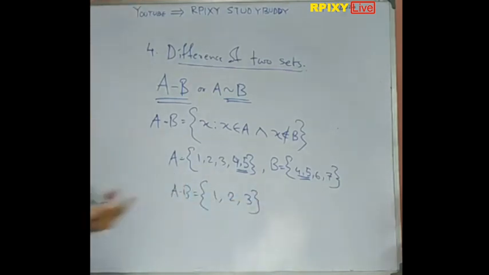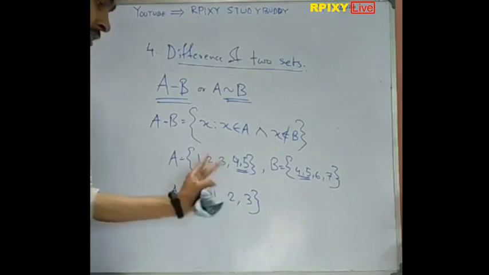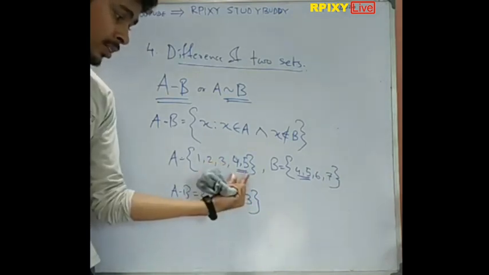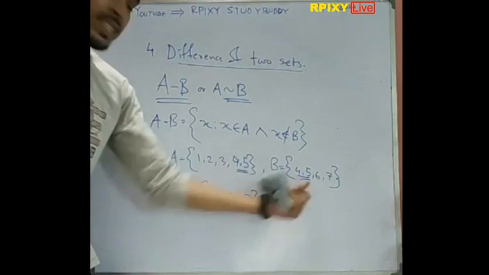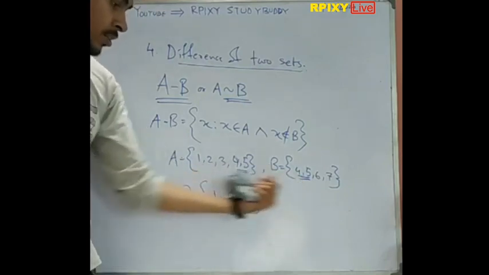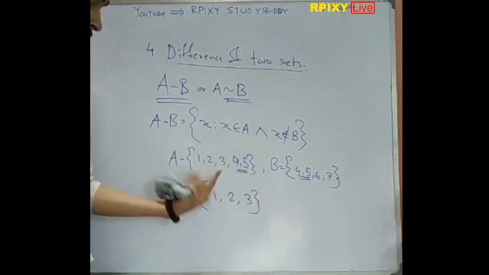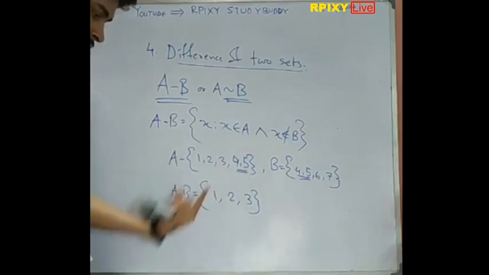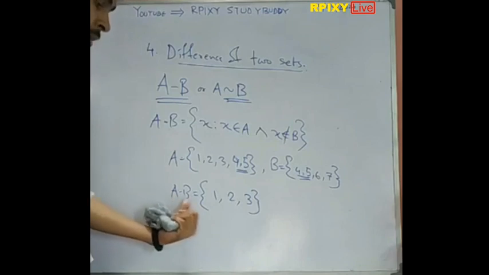This is A minus B. That means eliminate the elements from A which are inside B. 4, 5 are inside B, so I am eliminating 4 and 5 and taking the other elements of A. So that indicates A minus B, the difference between the two.